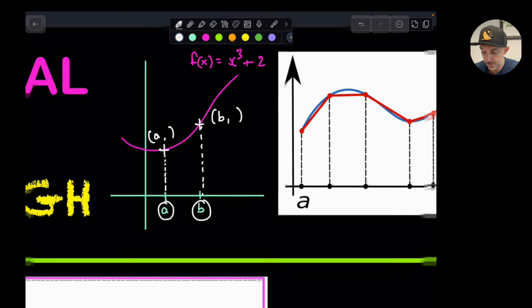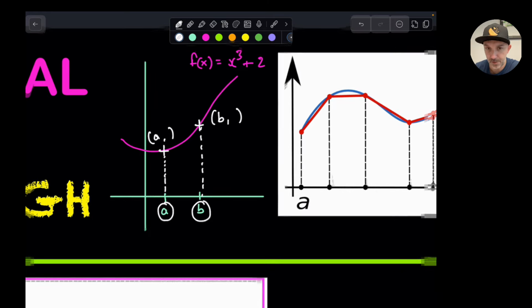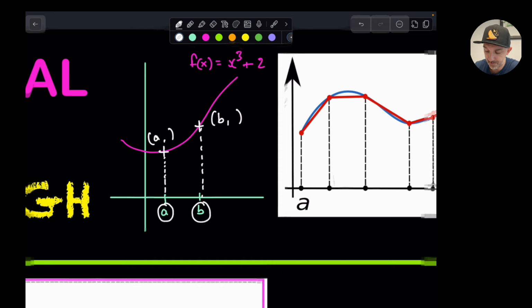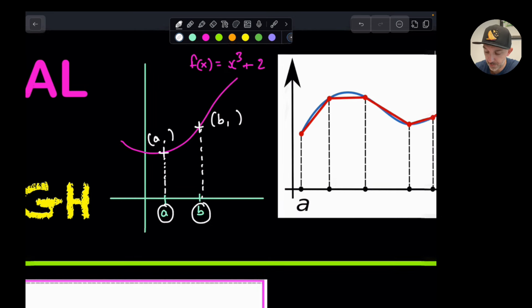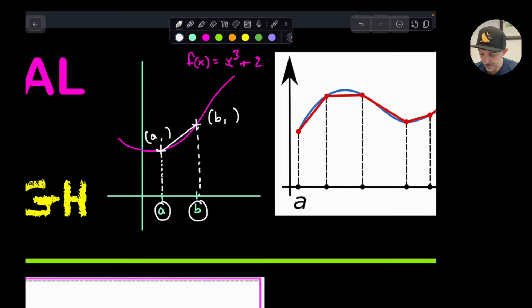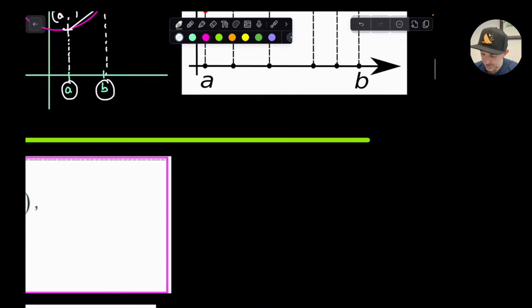Now, if we want to estimate the area beneath the curve between a and b, we can think of the geometrical shape called the trapezium. So if we join those 2 points together, what we're forming here is a shape. If we go a little bit out of context here, a trapezium is a shape that has 2 parallel sides and 4 sides in total, so these 2 will be parallel.